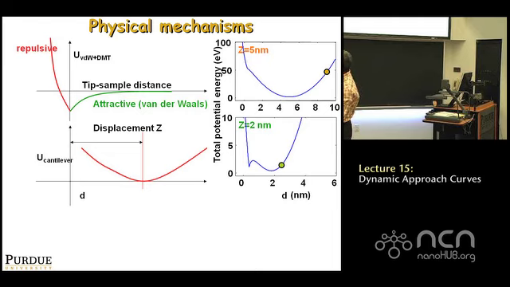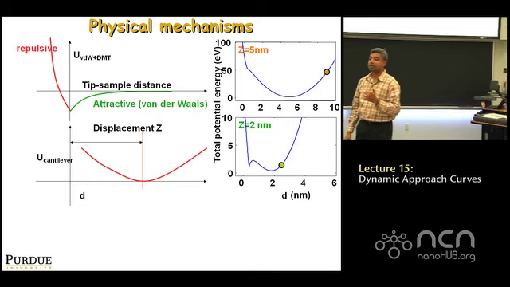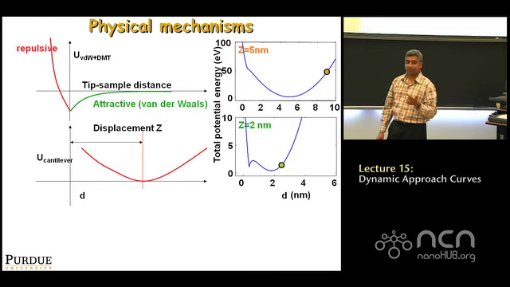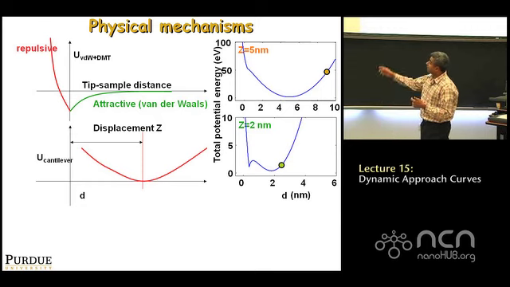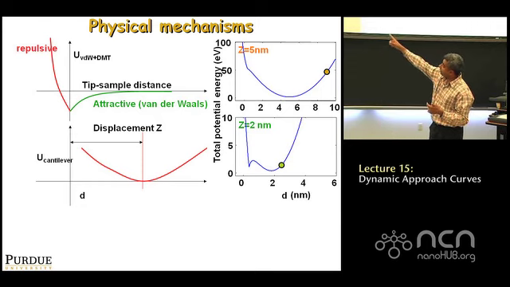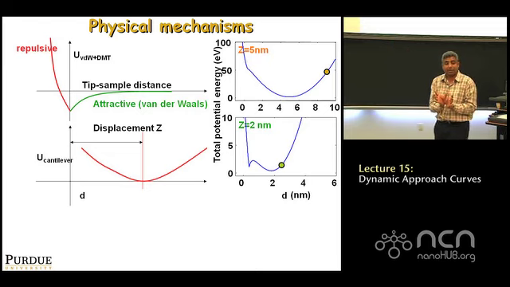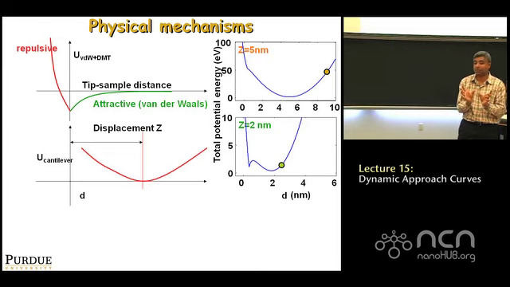So you have that. However, you also have another source of potential energy, which is the tip sample interaction forces, because you have conservative interaction forces. So conservative interaction forces means there's a potential energy associated with it. That potential energy is shown on the top. Okay, so the total potential energy of the system is going to be the sum of those two, right?